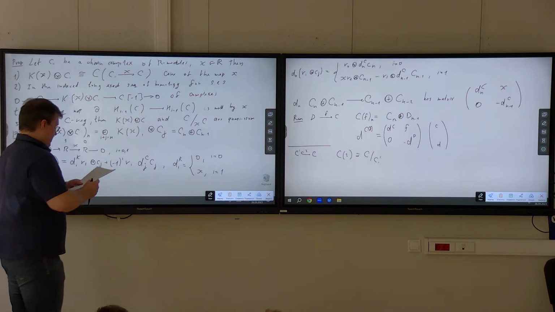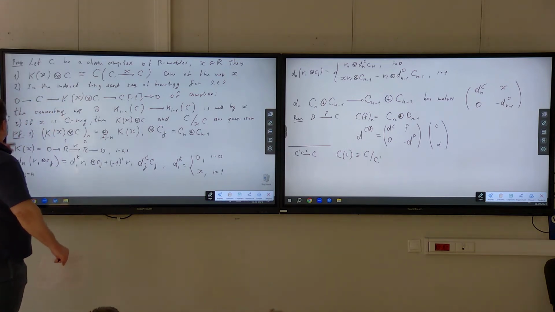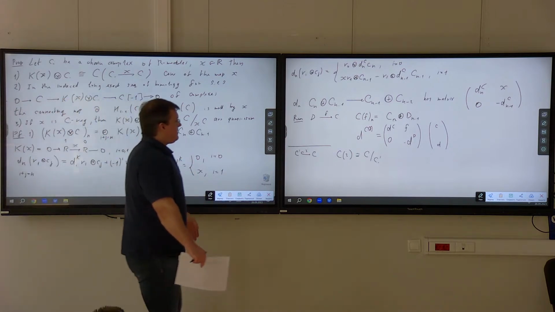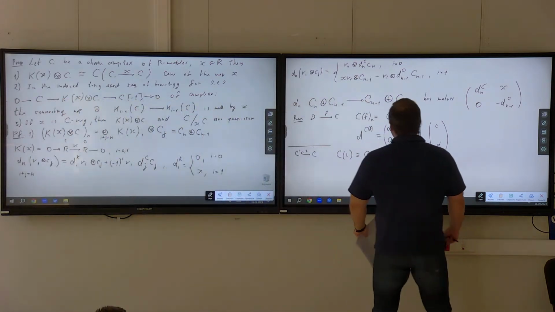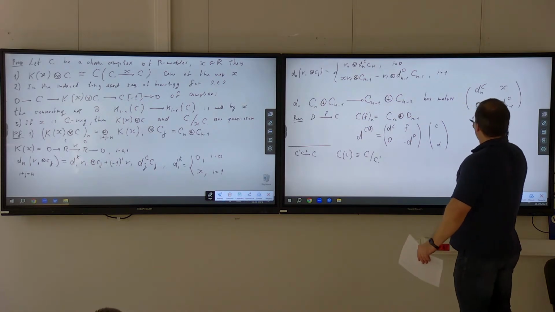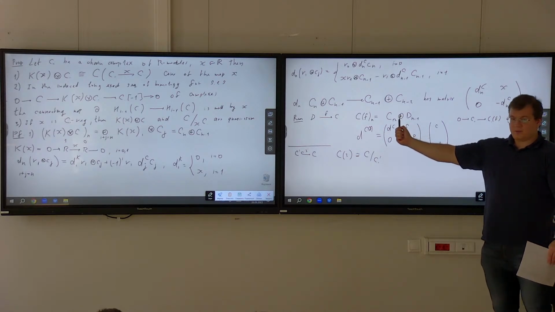Can you please explain why we have an exact sequence in the second statement? Yes. As I was saying, that would always be true if you just go back to the definition of the cone. With this definition, you can always embed C into the cone of F, just as a direct summand.